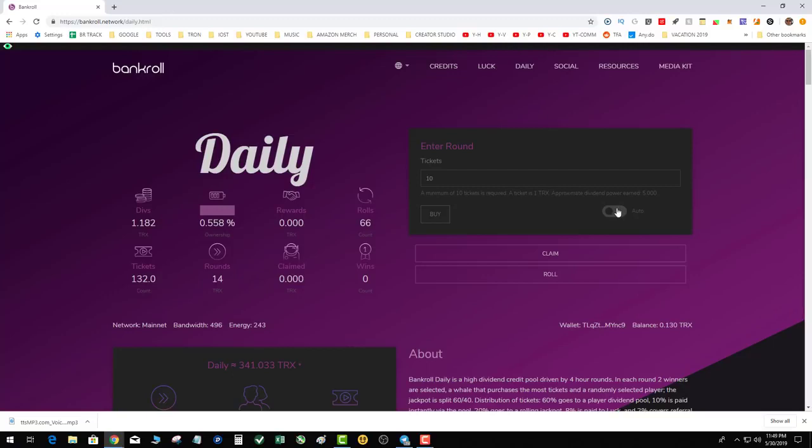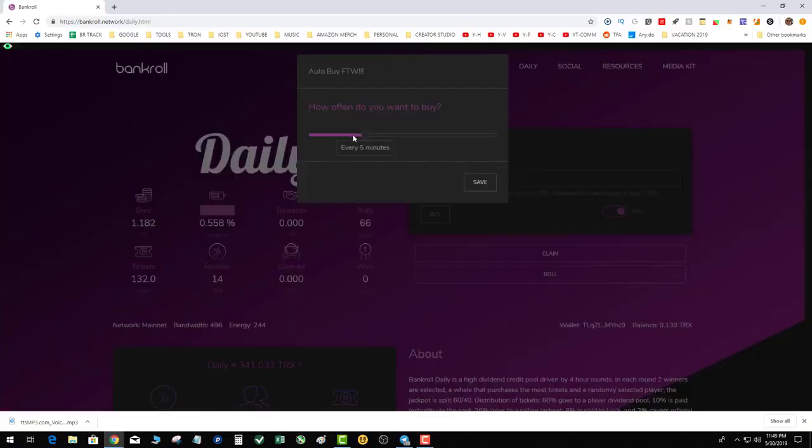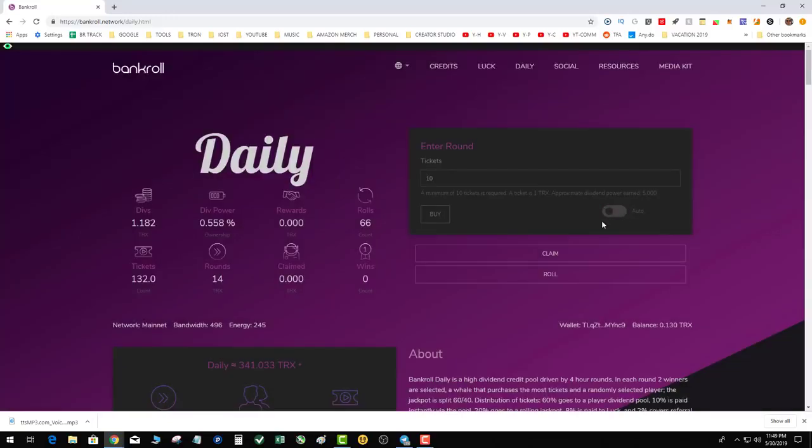Well, you can hit the auto buy function and specify a time from 1 minute to 15 minutes. Now let me go over this: this is not auto roll, it is auto buy. So we bought some tickets, and this builds our div power, and then we have divs coming in.